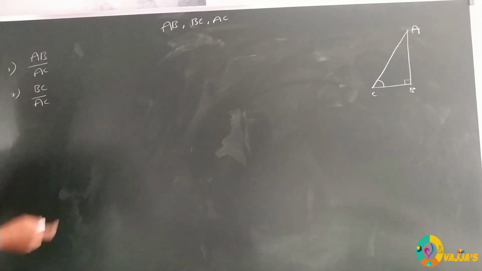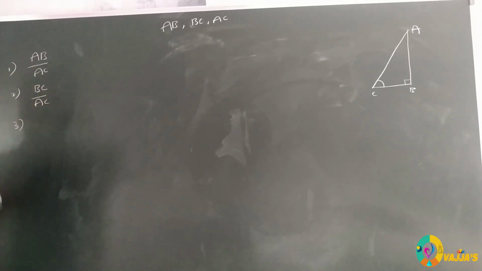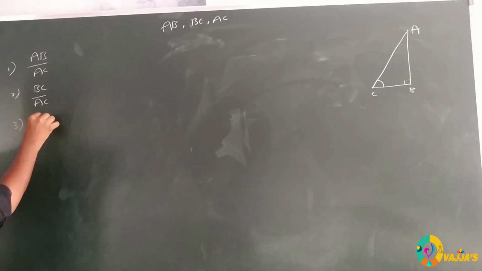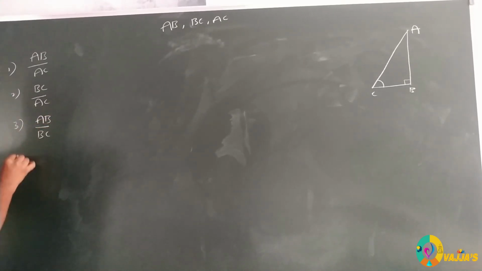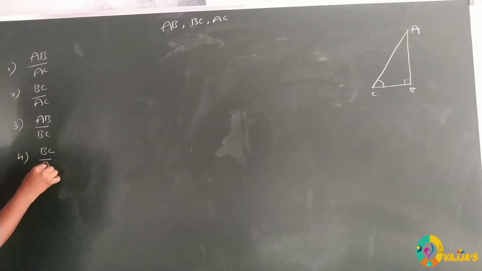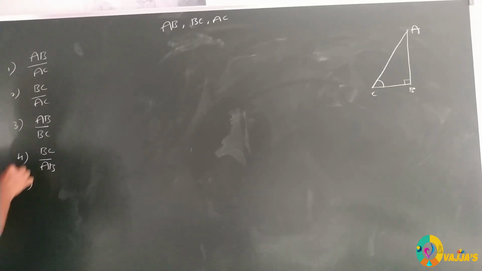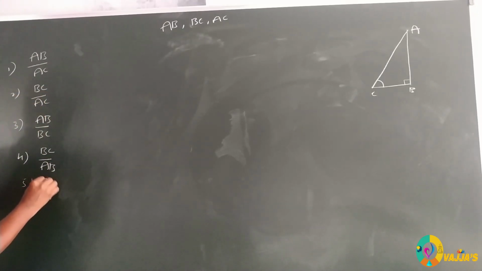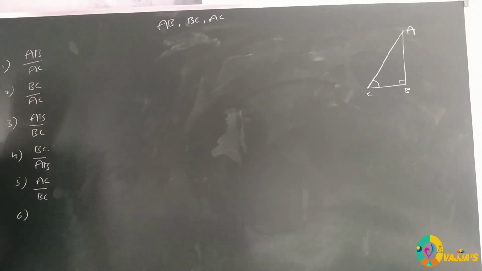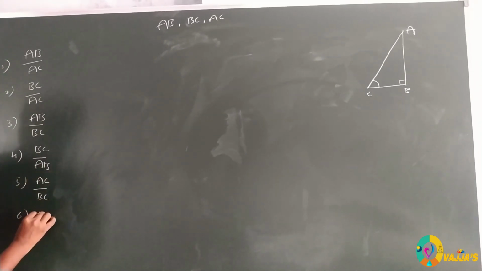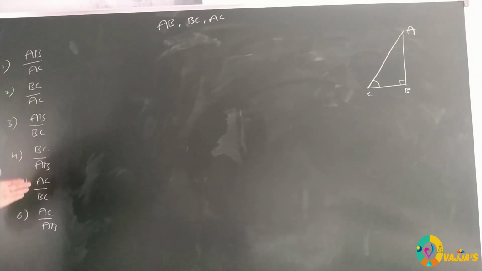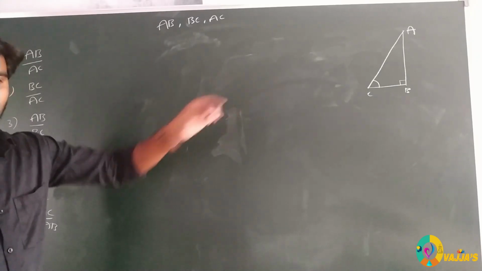I am making the ratios by using the sides of a triangle. Number 3, AB by BC. Number 4, BC by AB. Number 5, AC by BC. Number 6, AC by AB. So these are the 6 possible ratios in the right angle triangle.